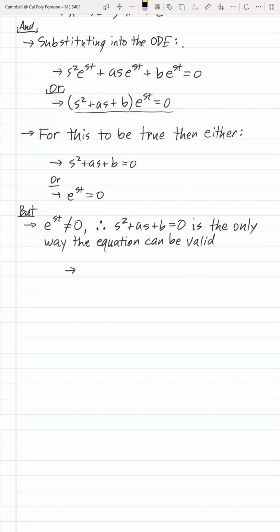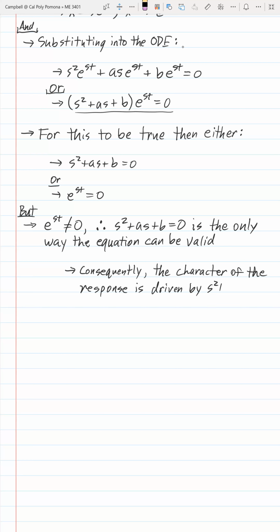This means, of course, that the nature or the character of the system response, here I'll just say of the response, is then driven by s squared plus as plus b equals 0.